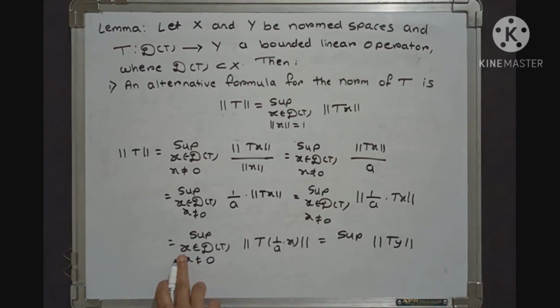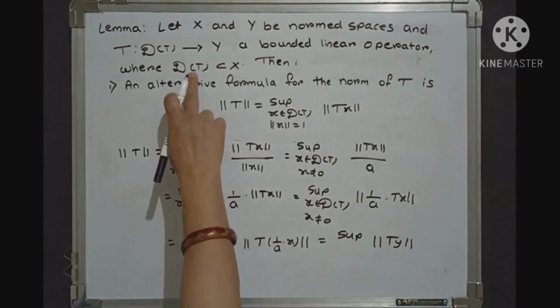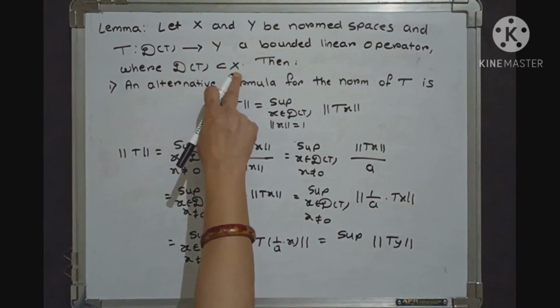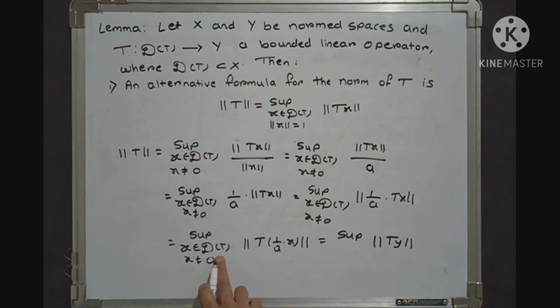But here x is an element of D(T), and D(T) is a subset of X. X is a vector space, and D(T) is also a vector space. Therefore (1/a)x is also an element of D(T).